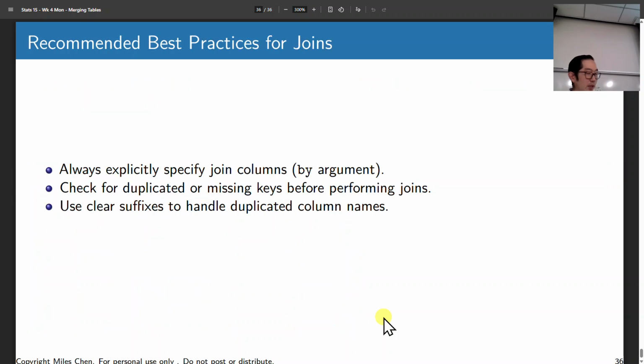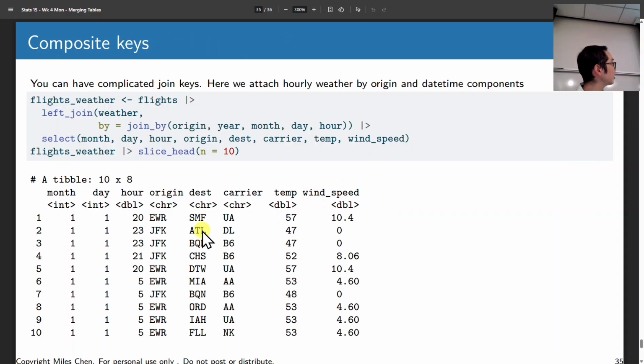Okay, let's see. All right, I think that's about it. Recommended best practices. Always explicitly use the by statement in the join. It's true, you can be a little lazy sometimes and not type this in, and you might get away with it, but best practice is to always specify it explicitly.